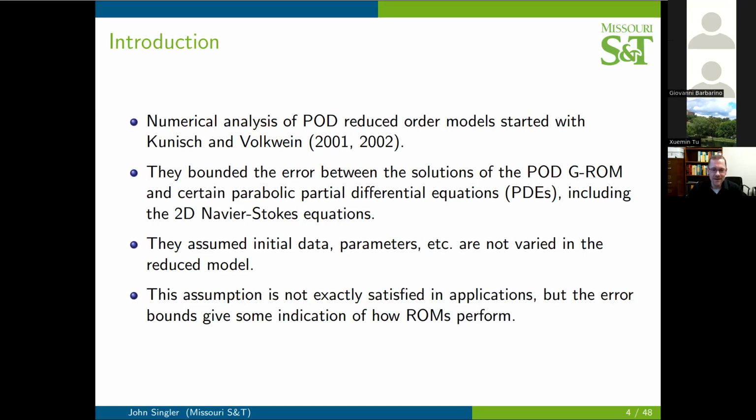Something they did, and that has been mostly done since, is they assumed all the initial data and the parameters are not varied in the reduced order model. Of course, in applications, this is not satisfied, but they started here because we want to get some idea of how these reduced order models perform.